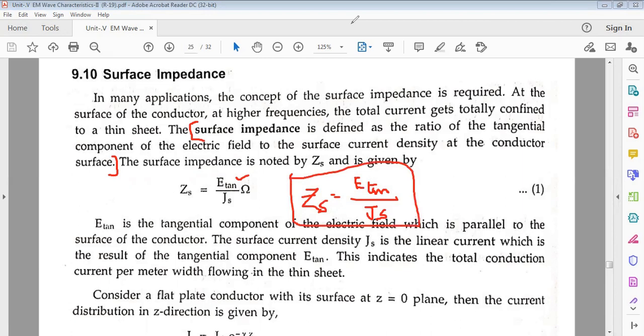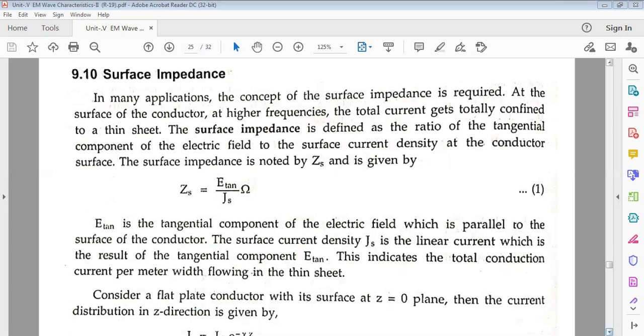According to the definition of surface impedance, E_tan is the tangential component of electric field which is parallel to the surface of the conductor. The surface current density Js is a linear current which is a resultant of the tangential component E_tan. This indicates the total conduction current per meter width flowing in the thin sheet.